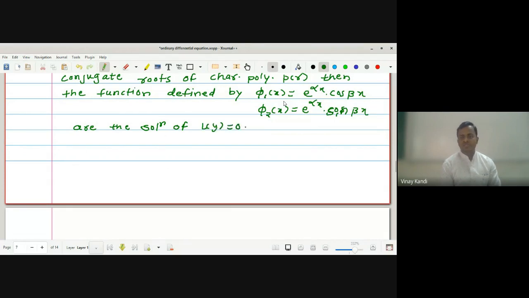Okay, this is phi1, which is equal to e raised to alpha x into cos beta x, and phi2 is nothing but e raised to alpha x into sin beta x.